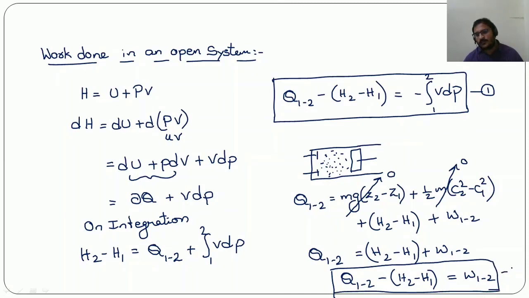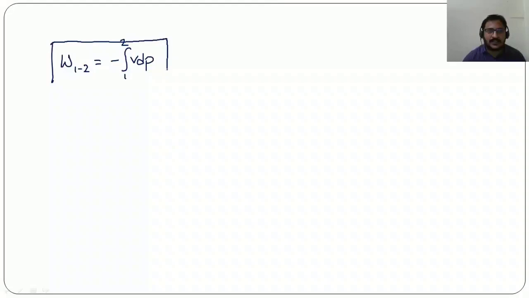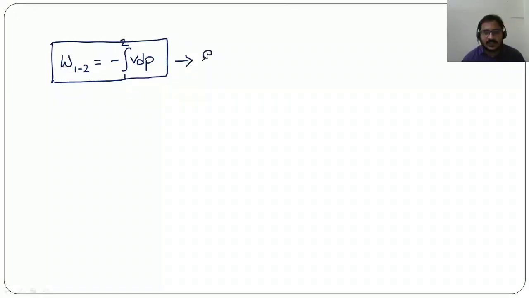Let us consider this as equation 2. Now if you observe equation 1 and 2 carefully, for an open system the formula for work done W1 to 2 is becoming minus integral 1 to 2 VdP, and this minus integral VdP is during expansion process.